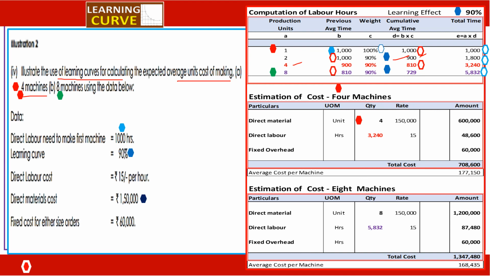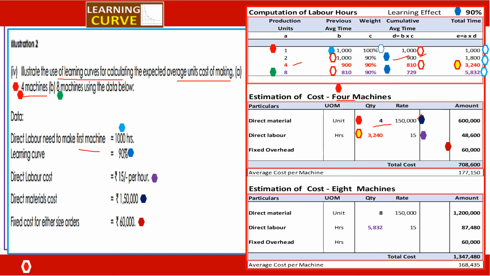Direct material cost is 1,50,000 for the first machine, means per machine the rate is 1,50,000. Number of machines is 4. We have put 4. 4 into 1,50,000. And the labor hours in respect of 4 is 3,240. And the rate per hour is 15. 15 into 3,240 is 48,600.